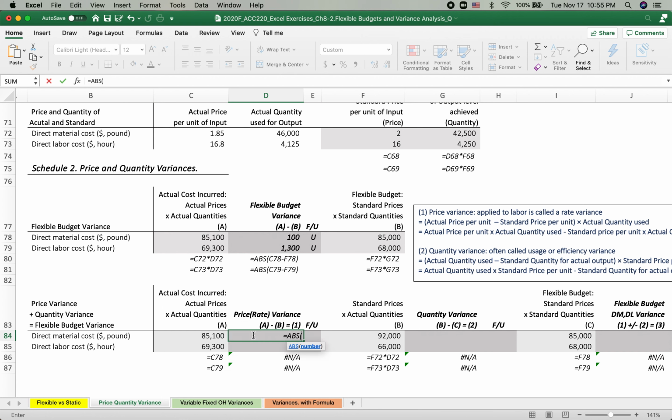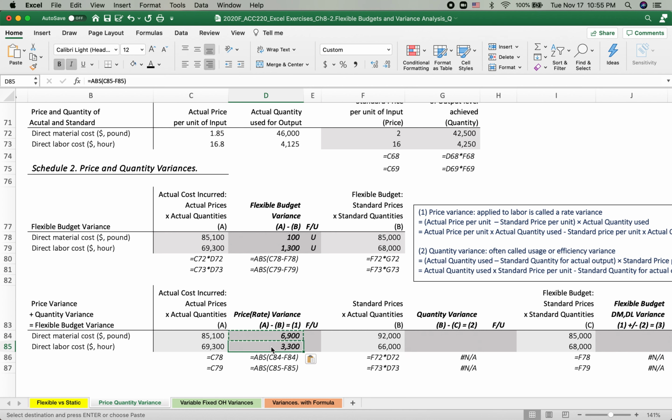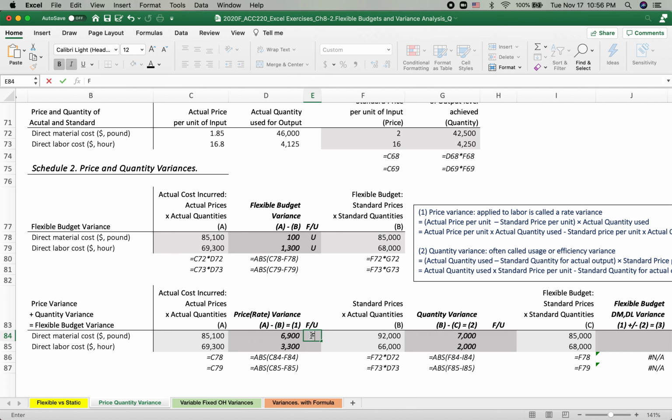So we got these numbers, and then let's calculate the price variances. The same way, the absolute value of the difference between two, and let's just sum up. Let's just copy and paste. So we have these variances, and then let's analyze them. Is that favorable or unfavorable? Right, it's favorable, hugely favorable.